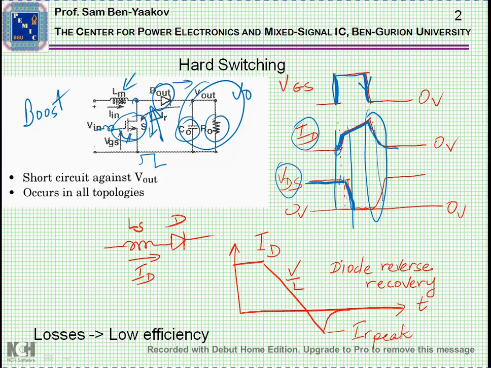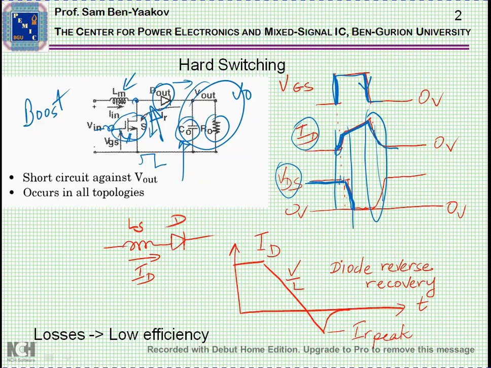Again, we have an overlap. This is power loss, and these losses will increase as the frequency goes up. Now, we would like to work at high frequency because then the size of the inductor and capacitor go down, and this is, of course, very desirable. And these switching losses are actually limiting our ability to go to a high frequency.